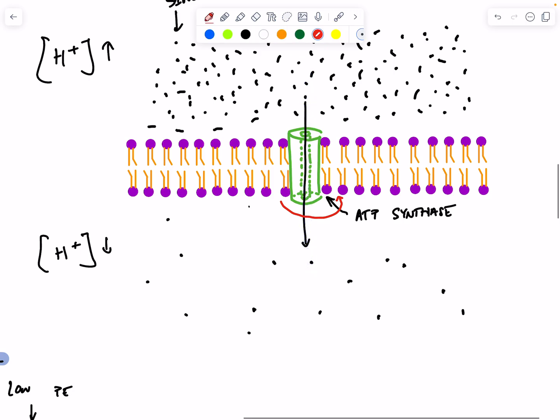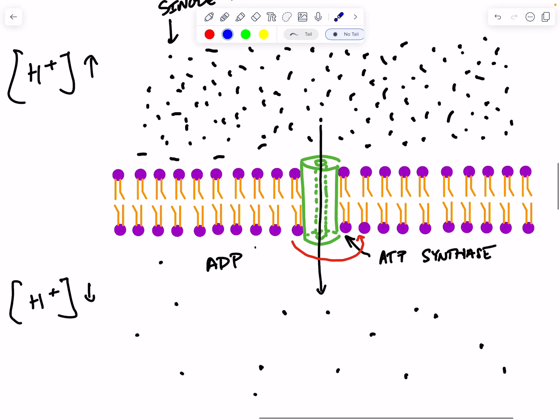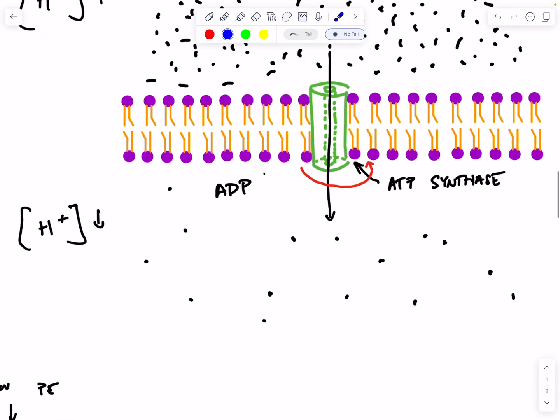And we use that kinetic energy of the spinning of this protein to drive a chemical reaction, which is taking ADP, which is adenosine diphosphate, adenosine with two phosphates on it, so basically this molecule right here, and with free phosphate in the cell, we bind the two together to form ATP, adenosine triphosphate.